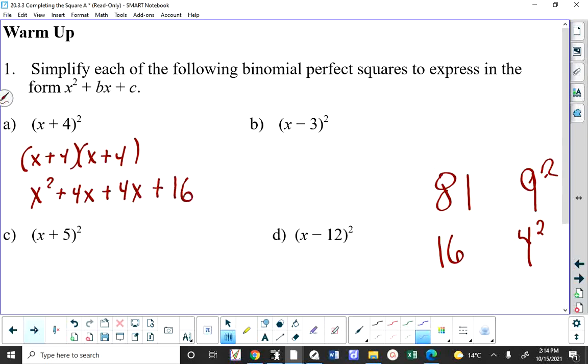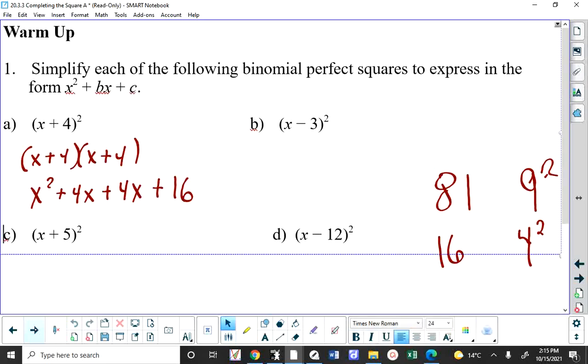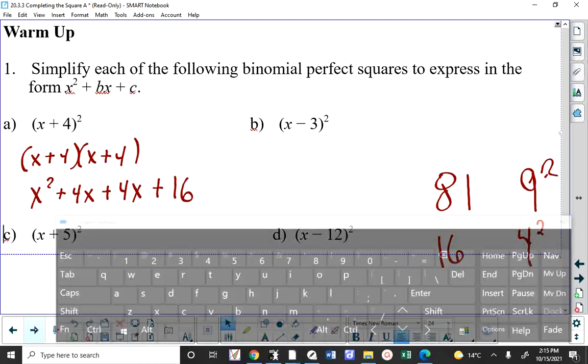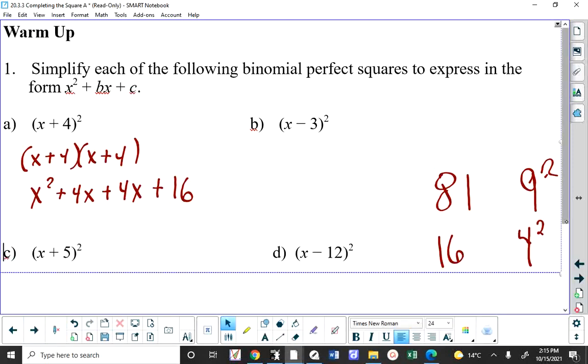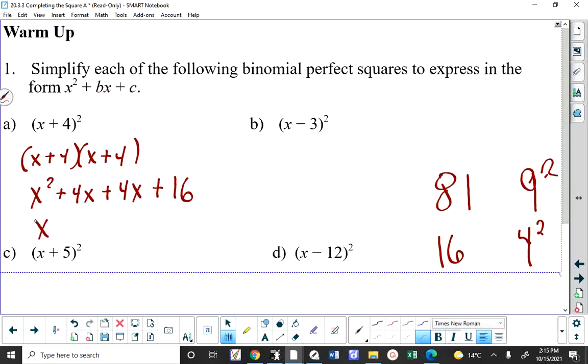So remember, when you're squaring a binomial, you don't just square the x and the 4. You have to write it as that binomial multiplied by itself. We, of course, simplify that to x squared plus 8x plus 16.